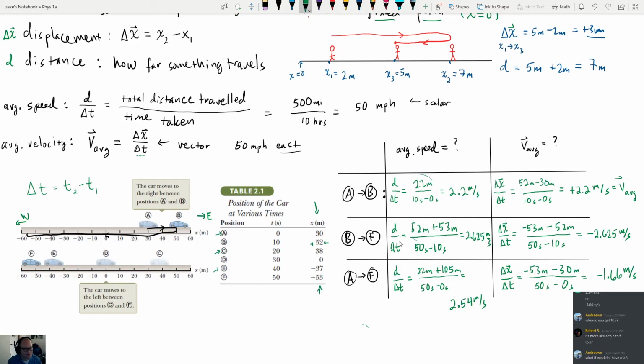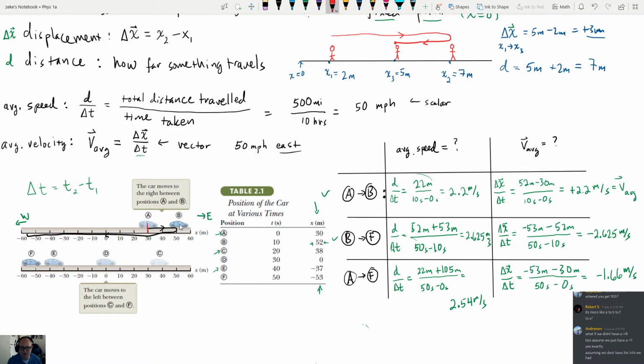What if we didn't have A to B? What do you mean, Andrew? I mean, we do in this case. You mean if we hadn't done this part and this part, and we had to do the last part? Yeah, so we would just say, to find the total distance, how far does it go forwards?